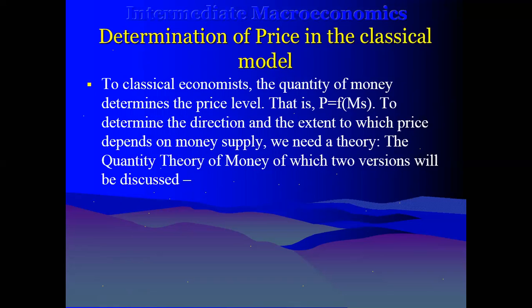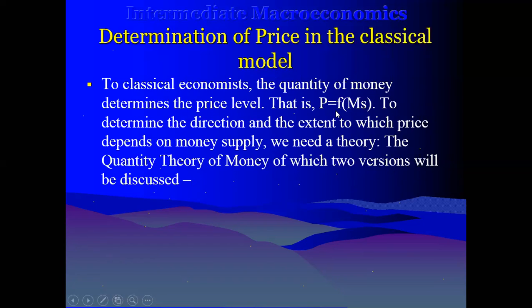In this model, the price level is taken as a function of money supply. So this is what we'll be trying to find out: if really the price level in any economy is only affected by the money supply. Price is a direct function of money supply. So we'll be using the quantity theory of money to do this.